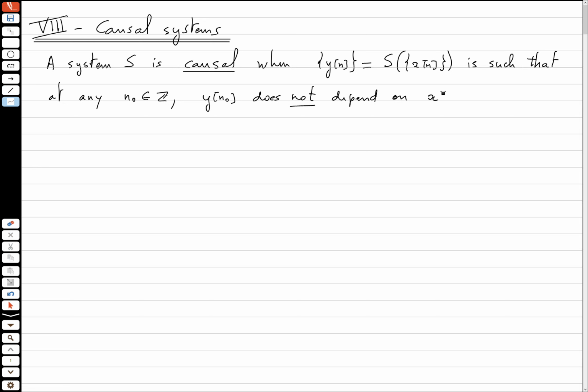That means it does not depend on x of n naught plus 1, x of n naught plus 2, etc.